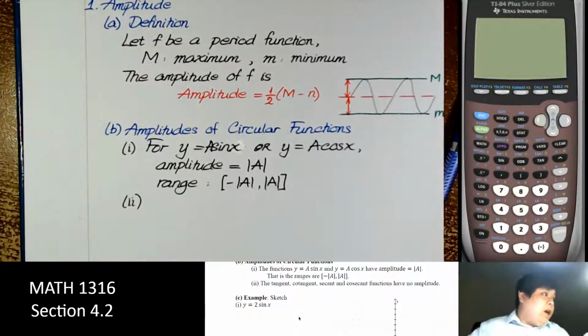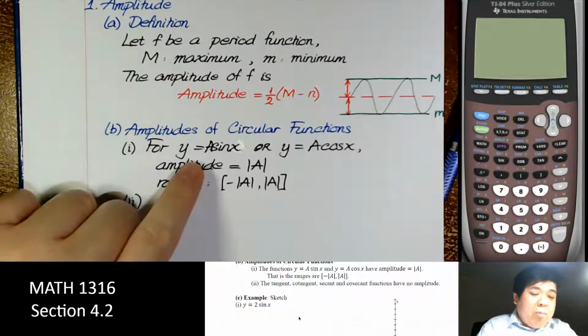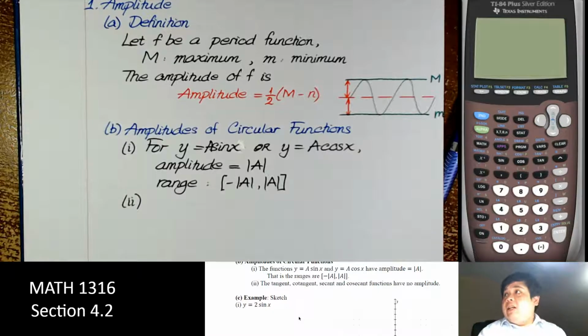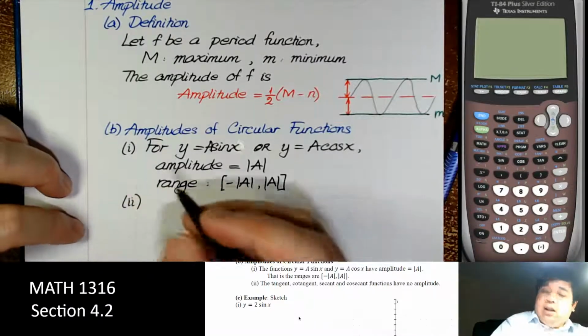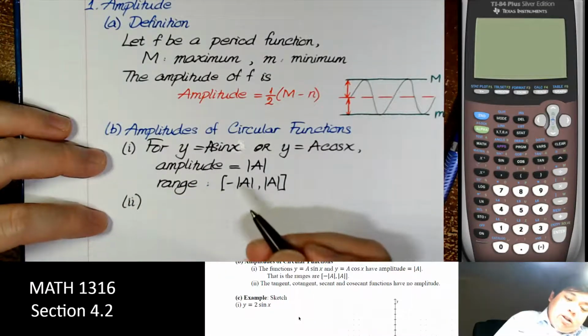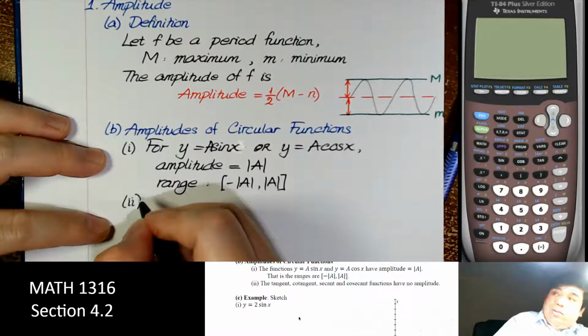This is only for sine and cosine. Whatever number stands in front of it gives us the amplitude. And the other functions have no amplitude.